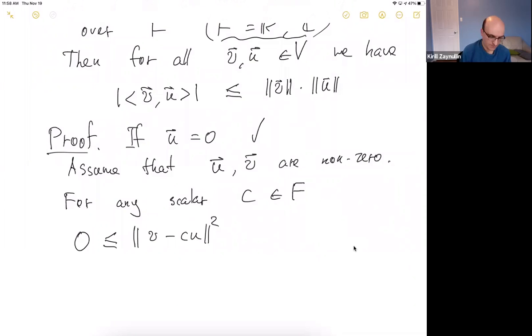So that's obviously true. Now let's just expand it using the definition, because the square of the length, let me remind you, was defined to be the inner product of v minus cu with itself.